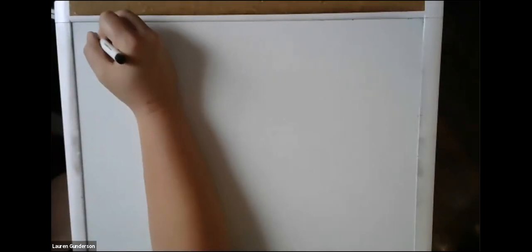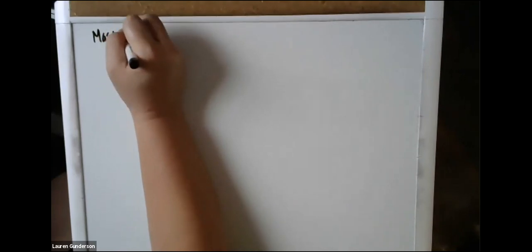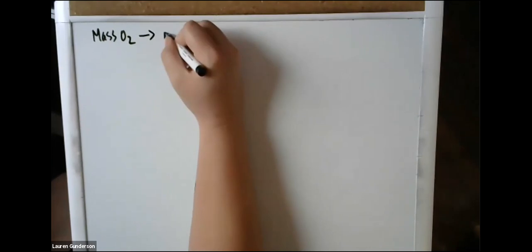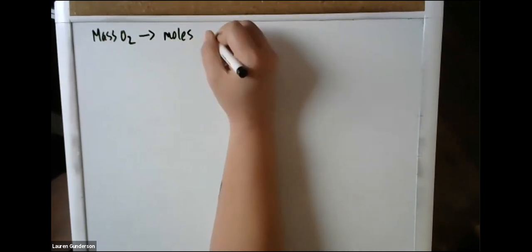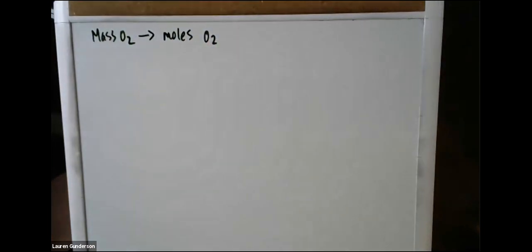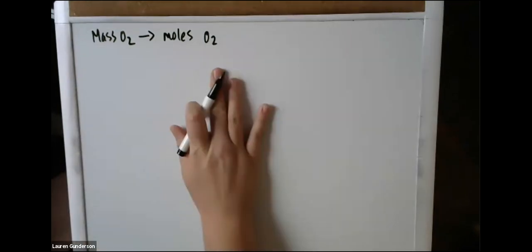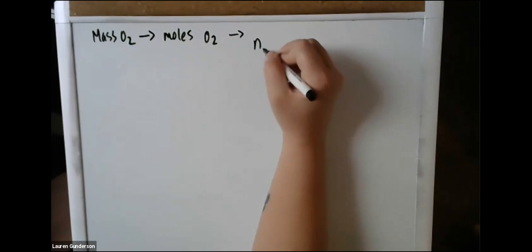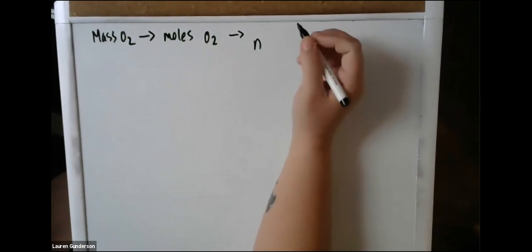If we want to know what the mass of oxygen gas is, we're going to get that information by finding the moles of oxygen gas that are present. And to find the moles of oxygen gas, that's going to require us to use the ideal gas law equation, but solving it for moles.